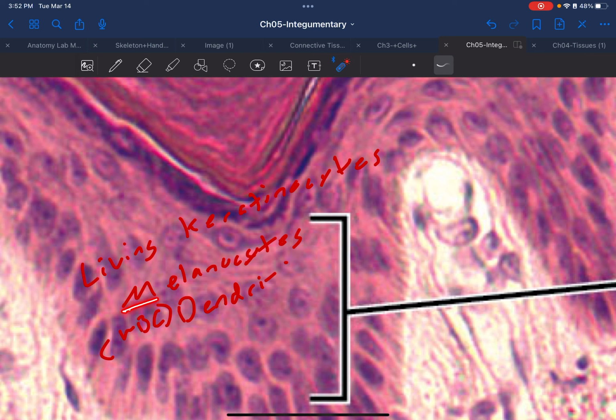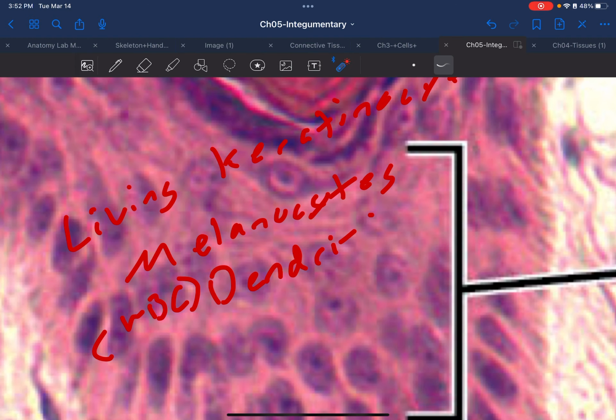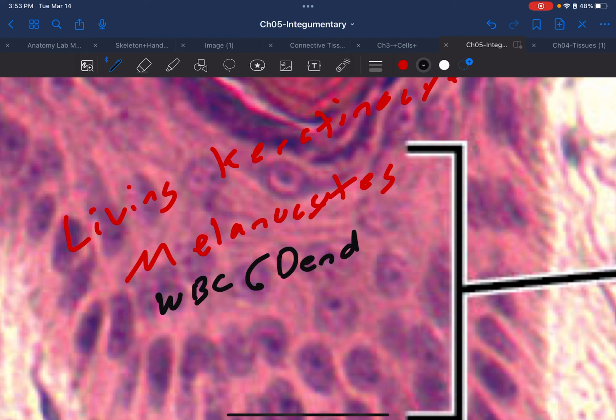You want to write also that you have melanocytes, M-E-L-A-N-O. It comes up in the next page, I think. And then this last word says dendritic, and that little thing in parentheses says white blood cell. So let's rewrite that: white blood cell. And this one, dendritic, I believe is already in your notes.